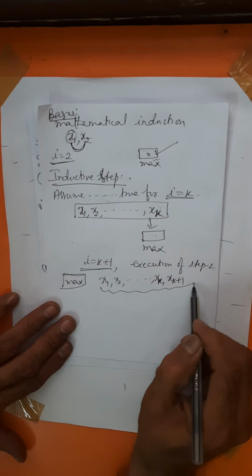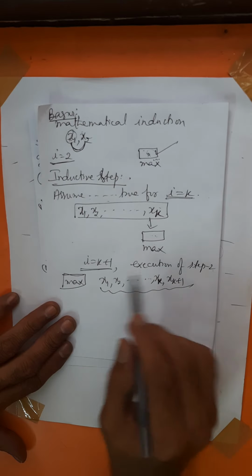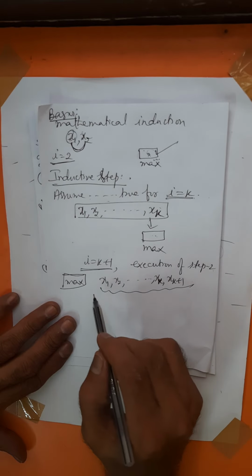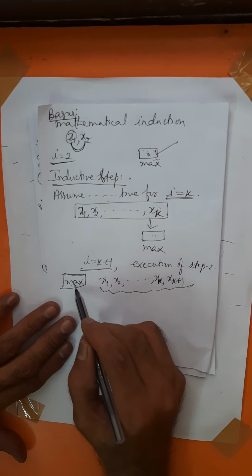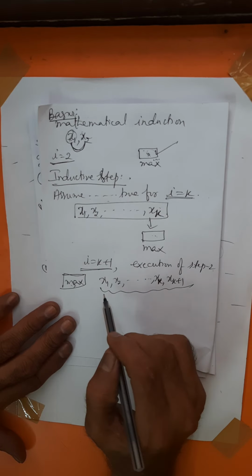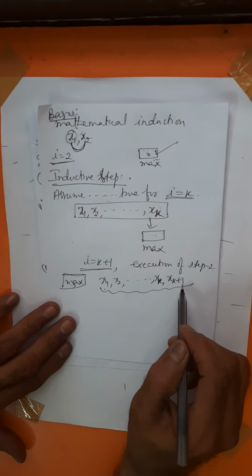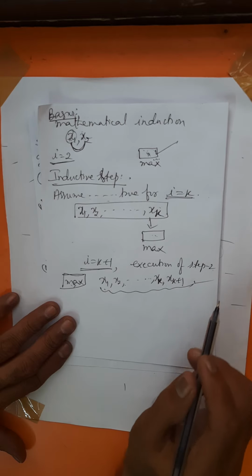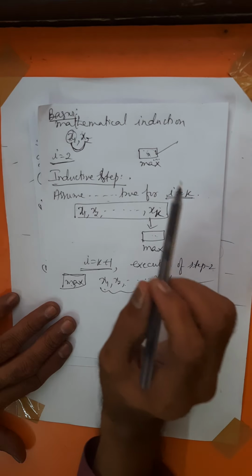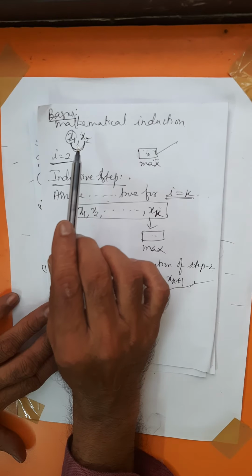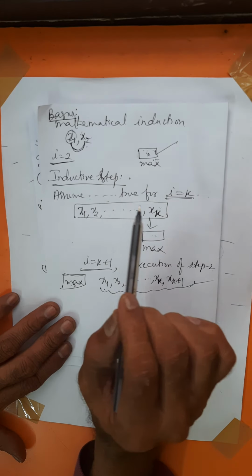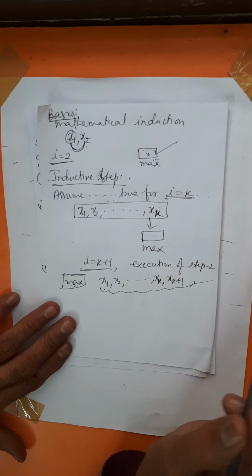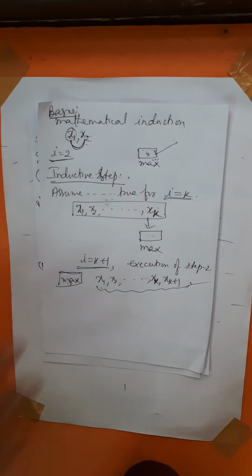Among k plus 1 registers, the value stored in max is the larger of x1, x2, etc., xk plus 1. That's all. Induction means just that: you should have a basis for induction, an inductive assumption, then proving for the next larger value. That's all.